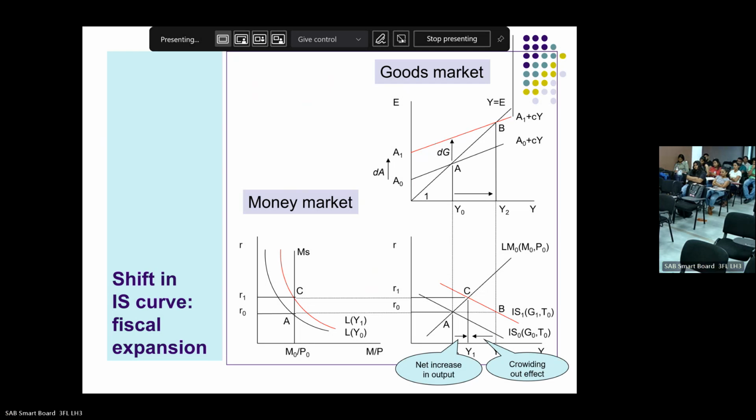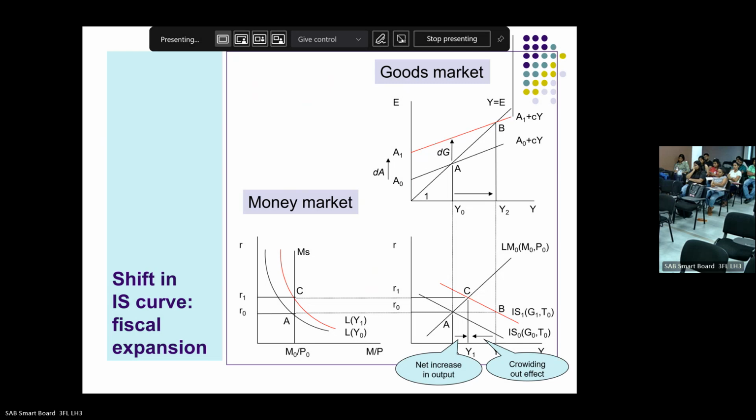Now take income increasing up to point C. Point C means that the interest rate rises at a higher rate than R1. So even though the government raises expenditure, income does not change.